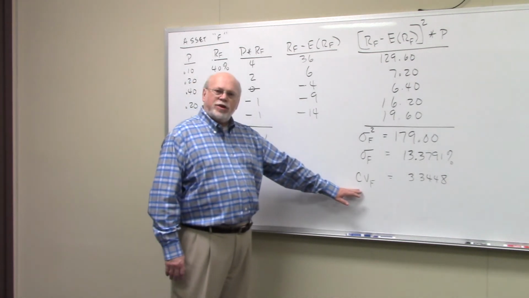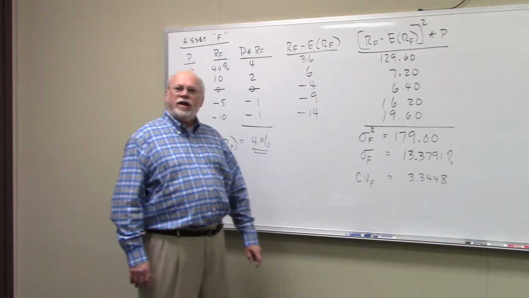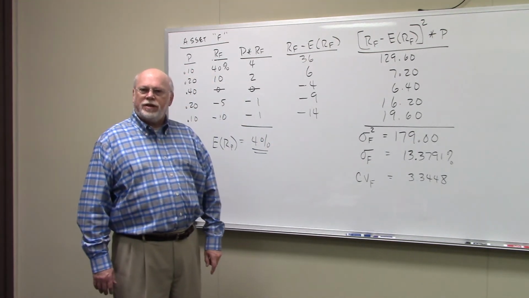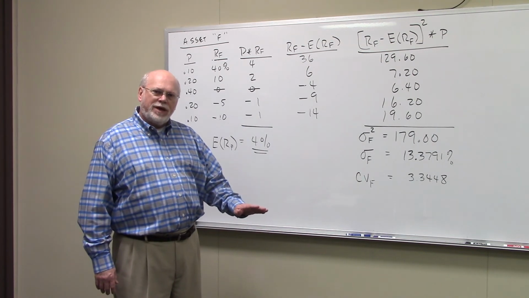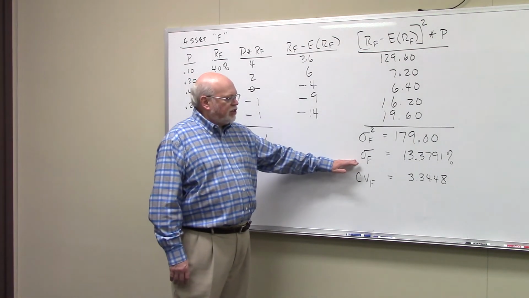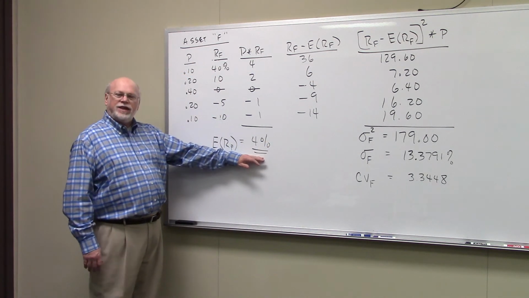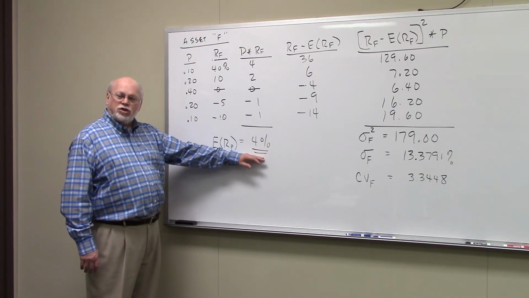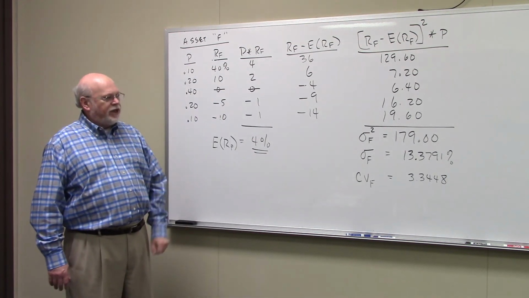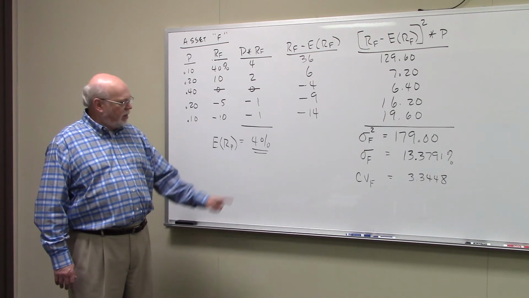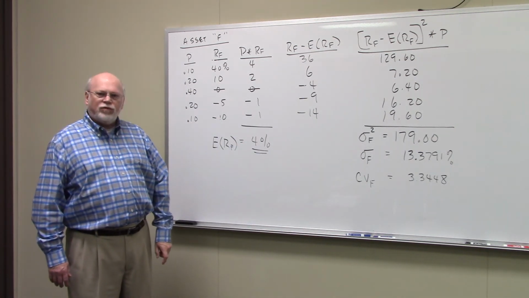The next statistic we're going to calculate, this is the coefficient of variation. It's defined as your risk per unit of expected return. It's the standard deviation divided by the mean. Standard deviation is 13.3791. The expected return, the mean of this distribution is 4. So if you take 13.3791 and divide it by 4, you get 3.3448.